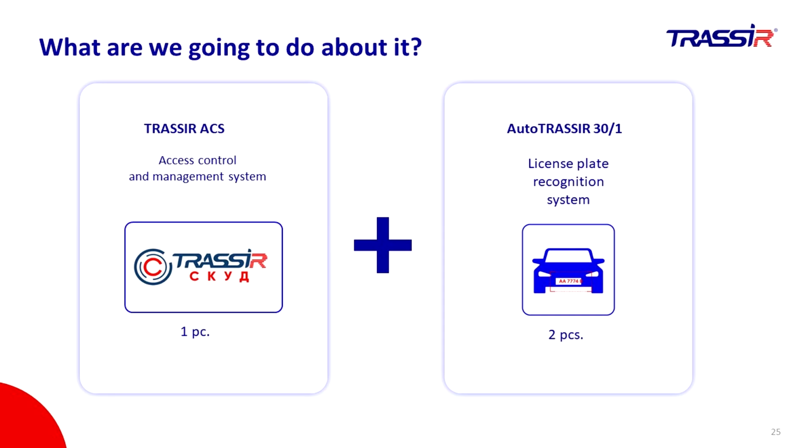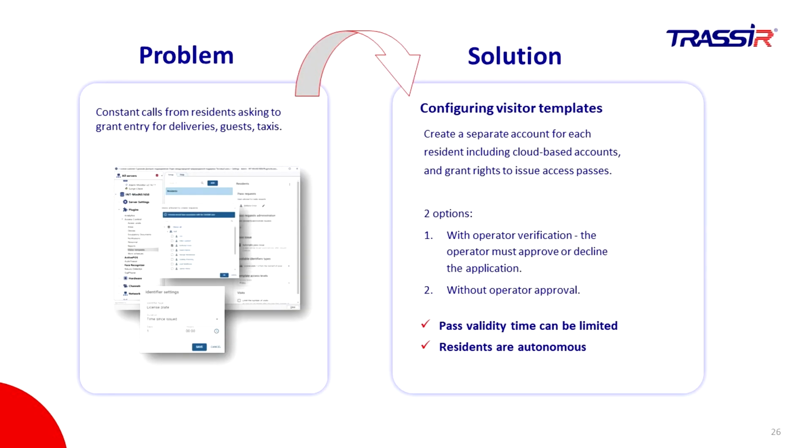First, access control and management system, and second, two license plate recognition systems up to 30 km per hour on entry and exit. Thanks to the functionality of the software, we can solve the customer's problems. I want to tell you about 2 points. The problem: a resident constantly calls the security guard with a request to let in a delivery, a taxi or a guest.